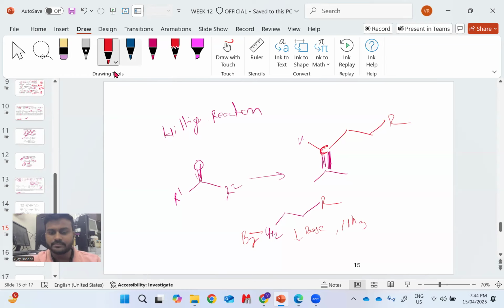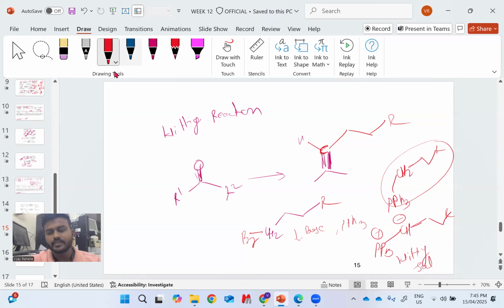So basically it gives PPh3, CH2 and this remaining side group, and this is the reagent, and upon the addition of the base, basically this PPh3 plus and this CH minus. So this will be a Wittig salt. This Wittig salt reacts with these ketones to form a newly formed olefin.